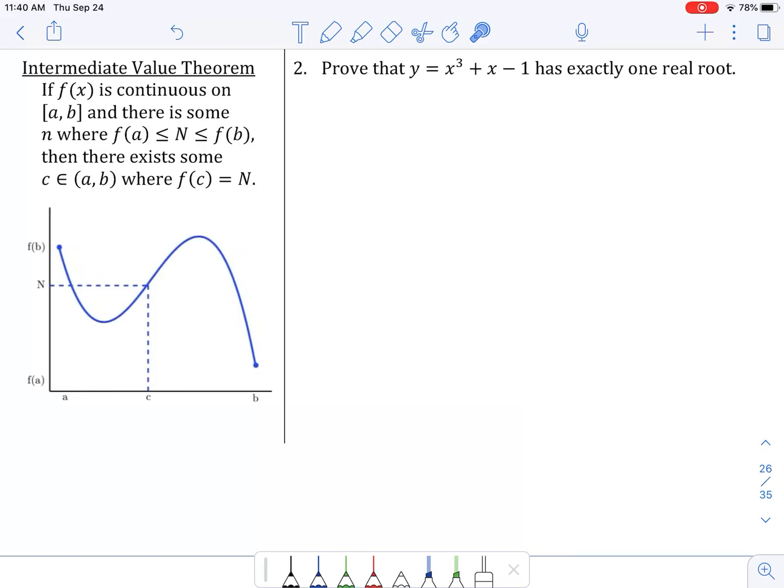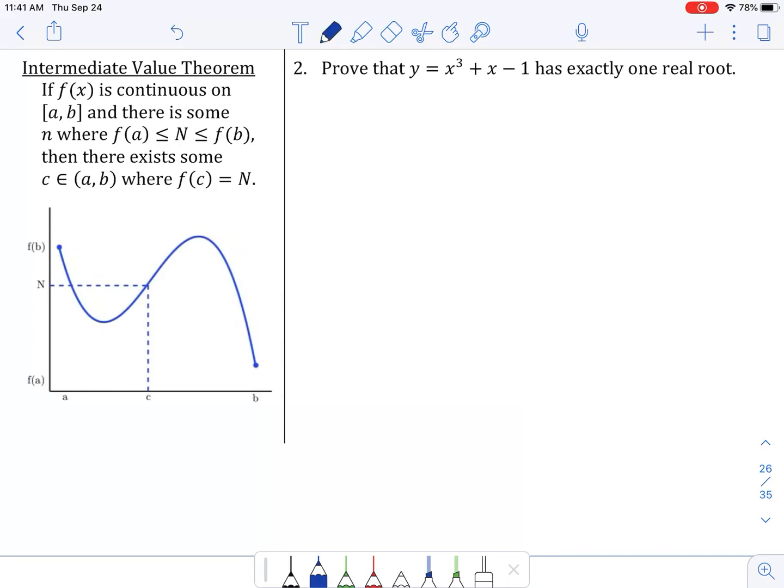Now, we can use IVT in a couple different ways. One thing that's nice is it can also prove that there are roots of functions. Because what we want to prove, and we saw this earlier, and I just want to review this, we want to show that there is a root.